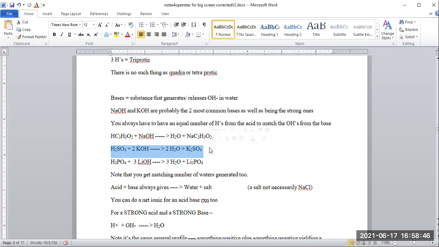I need two molecules of it, because otherwise I would not have enough OHs to cancel out with my H's from the beginning of the acid. I get two water molecules. And the salt that I make this time around is potassium sulfate.